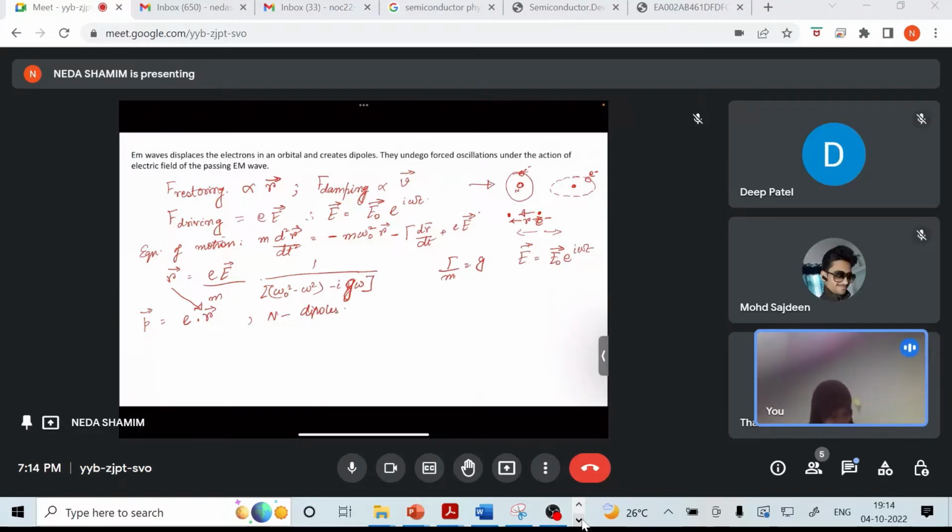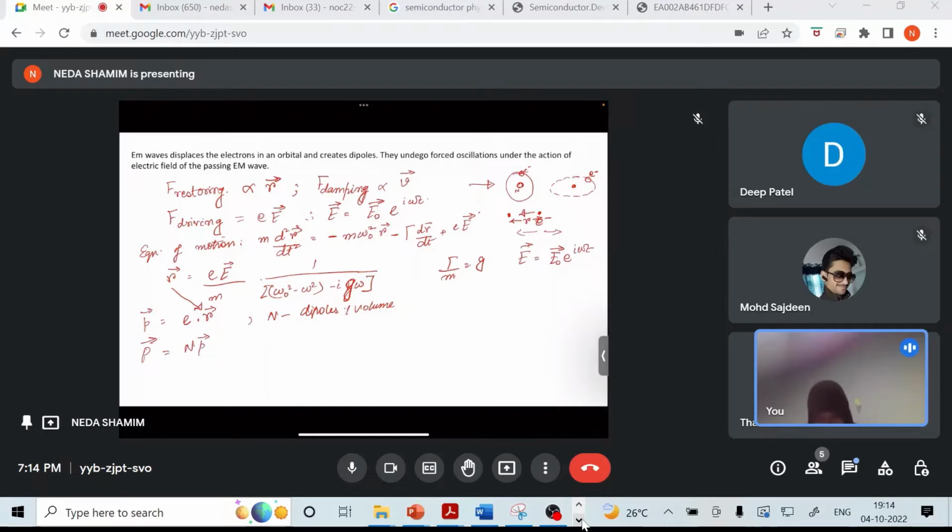Let's say n dipoles are there per unit volume. So the polarization, I mean the net dipole moment per unit volume, will be given by n times small p.